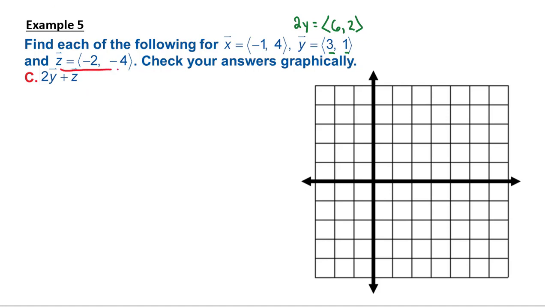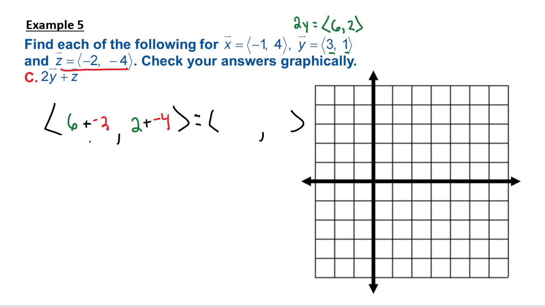So I have 2y, which is 6, 2, plus a z, which is -2, -4.